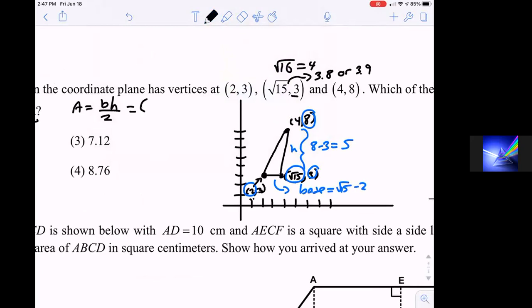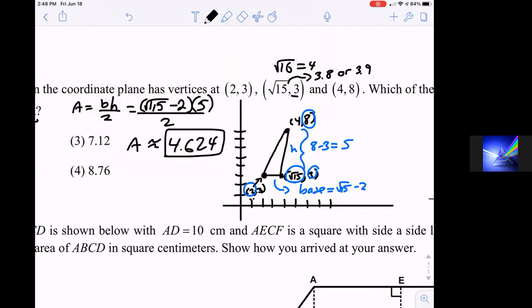So the base is square root of 15 minus 2, and then the height of 5, and all of that is divided by 2. And we get an approximate area of about 4.624 square units.